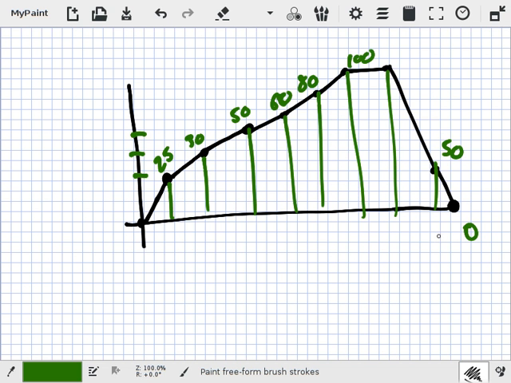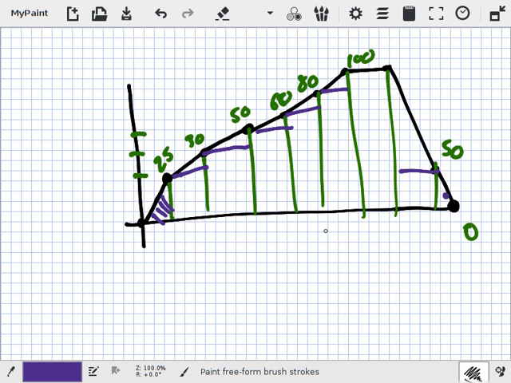And I want the area. Let's just do it in 2 parts. We have 1, 2, 3, 4, 5, 6, 7, 8 triangles. So let's get all the triangles.